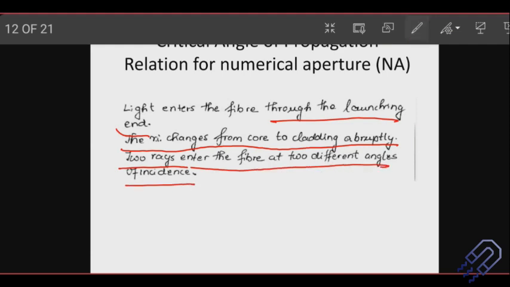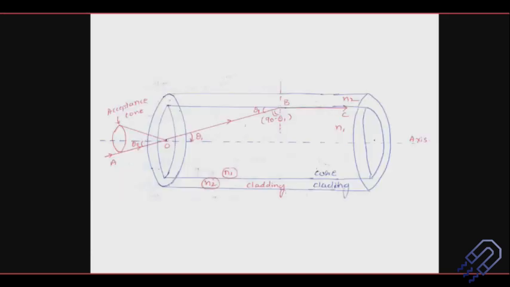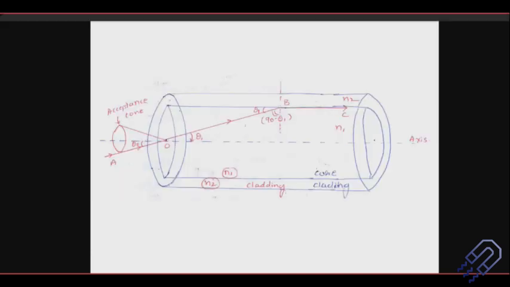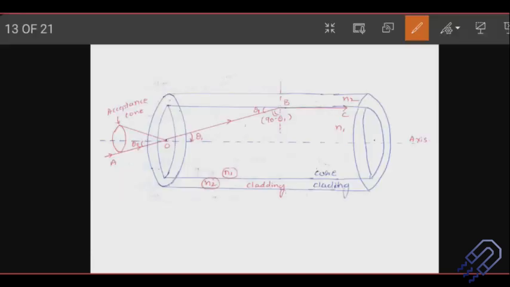I'll show this diagram to you, and it will be a bit more clear. It will basically make a cone kind of structure. This is the ray of light that enters into the core, which has a refractive index of n1. On the other hand, the cladding has a refractive index of n2.